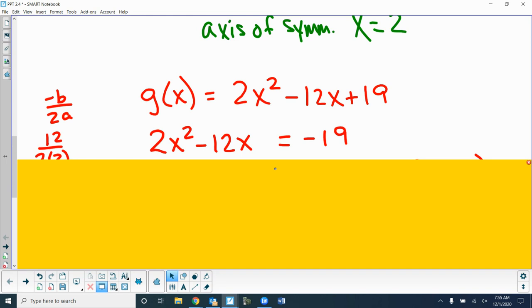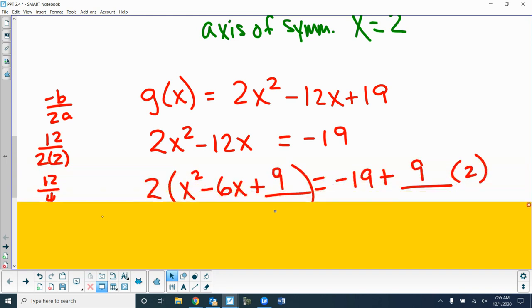So we're going to factor out the 2. That's my A value. So that gives me a 1 now in front of the x squared. That's how. Then I can complete the square. And factoring out the 2 makes the 12 a 6, just dividing the 12 by 2. All right? And then I add this blank. Now, the tricky part, or the part you have to remember, since you factored this 2 out, you've got to remember to multiply your blank by 2.